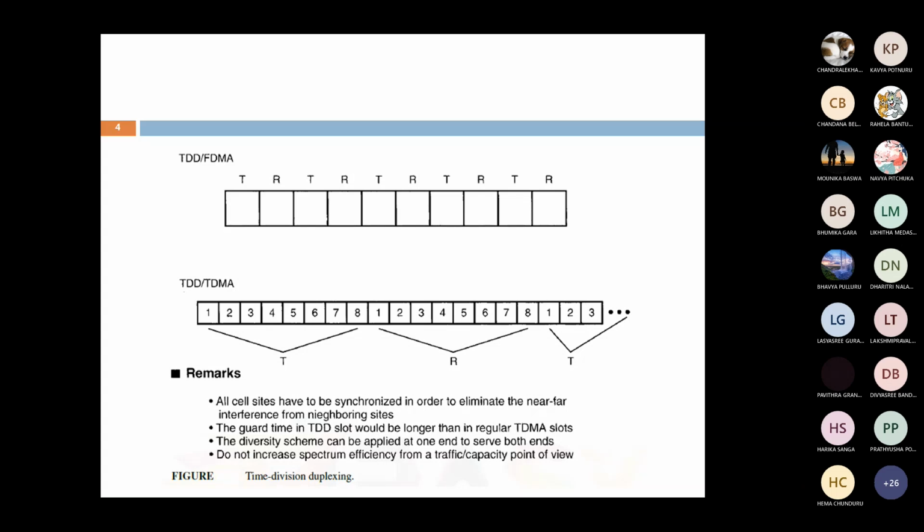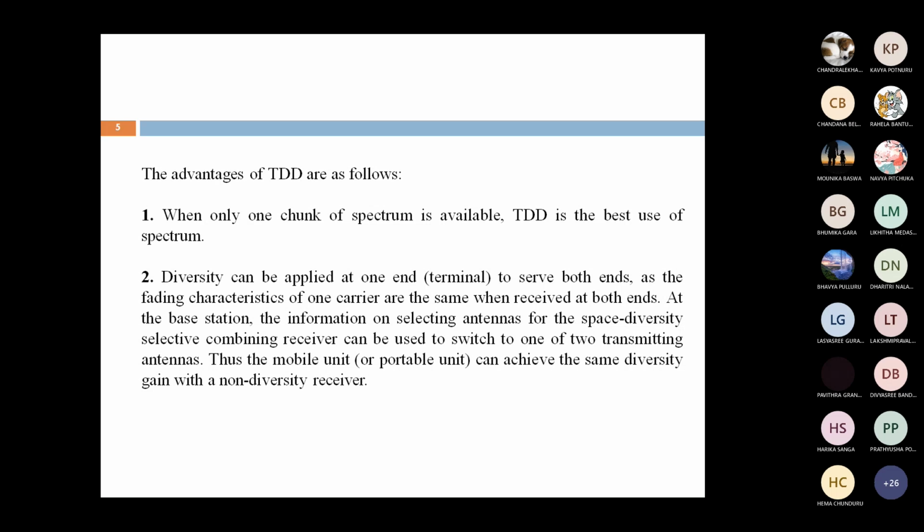Each frame contains 8 time slots for the transmission side and the other 8 slots for reception, and so on. For TDD/TDMA, there is no fixed allocation. Here a guard time is included for security purposes, diversity schemes can be applied, and there are no interference problems.